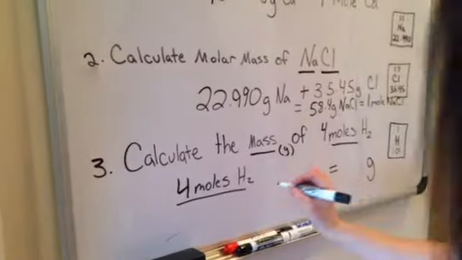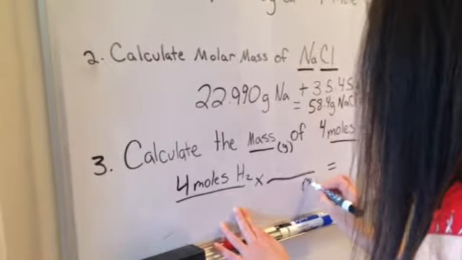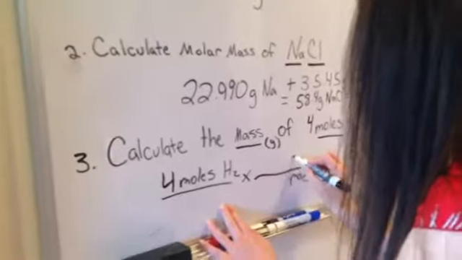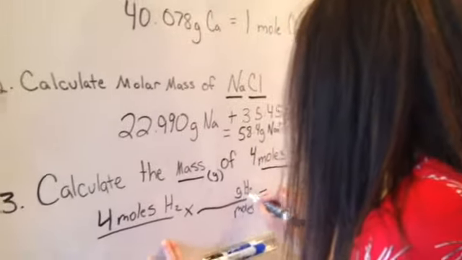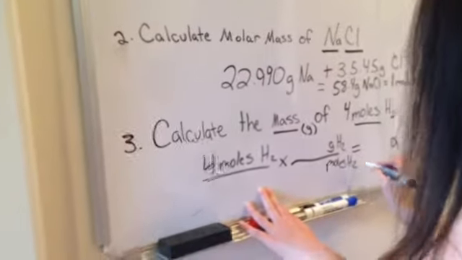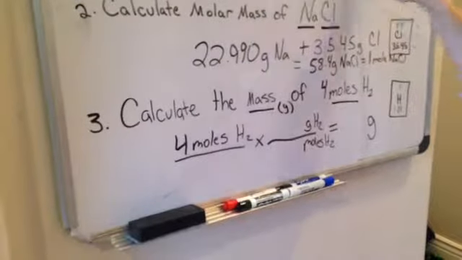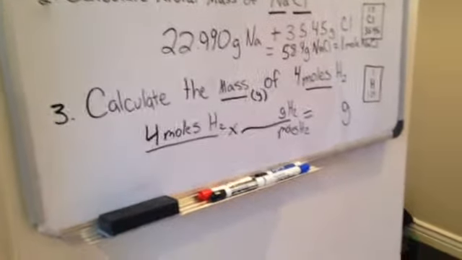So I'm going to have you cross cancel. To get out of moles, we need to know how many grams of H2 there are per mole of H2. And you know from finding grams that that's equivalent to the atomic mass.